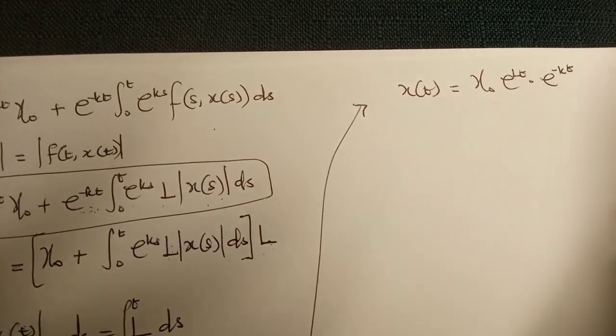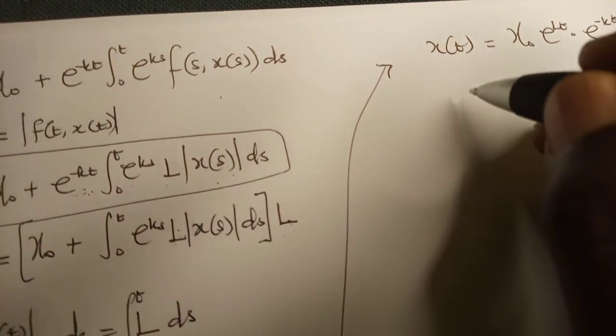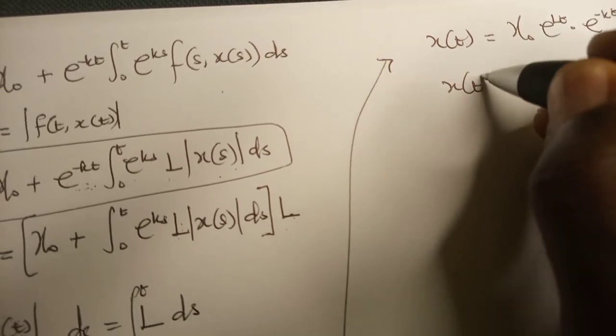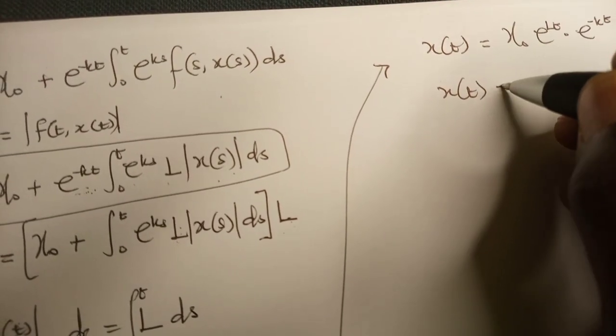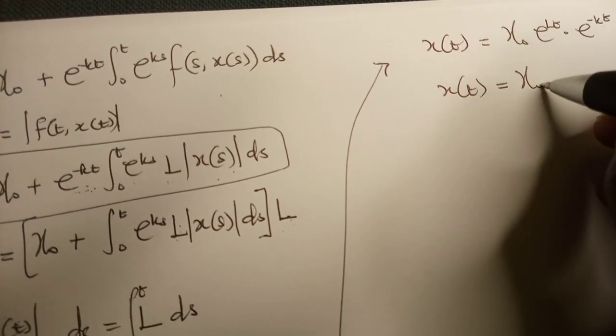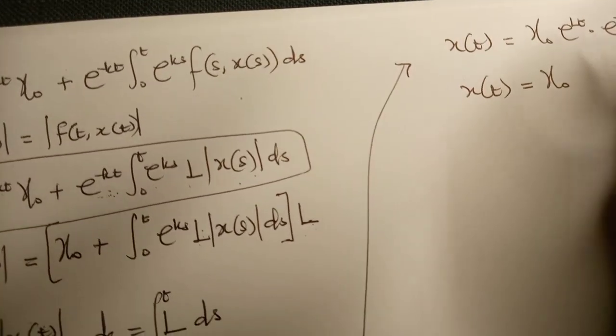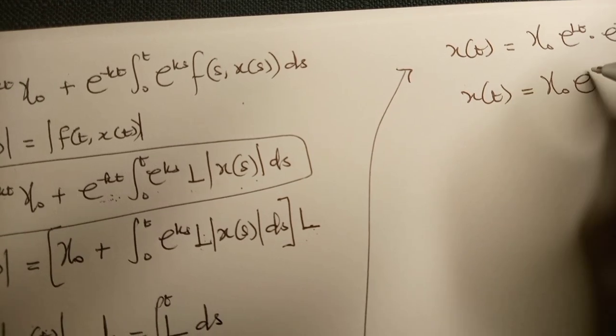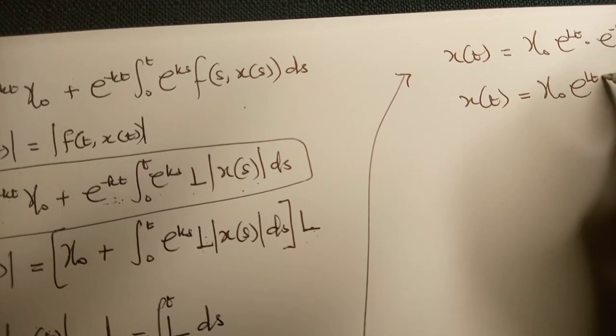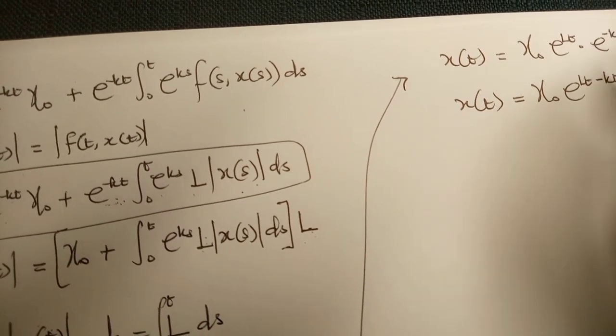Bringing like terms together, we have x of t equals x naught e exponent lt minus kt.